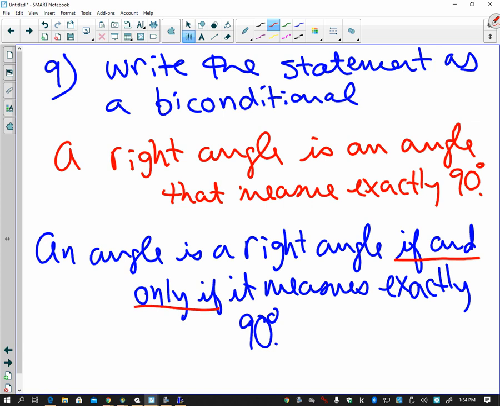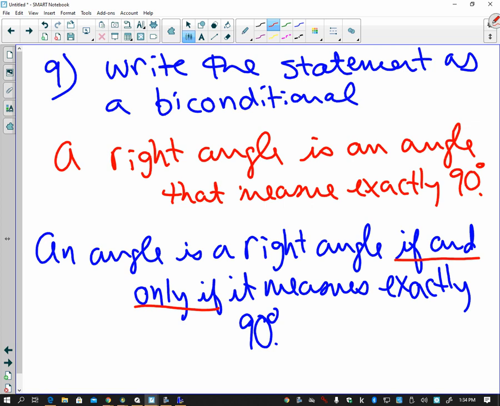It has to have the if and only if in the middle of it. It doesn't start with if, it doesn't have a then in the middle. It has if and only if in the middle, and it's a correct statement. But it has to be a true statement. So basically, we get biconditional statements if a conditional statement is true and its converse is true.